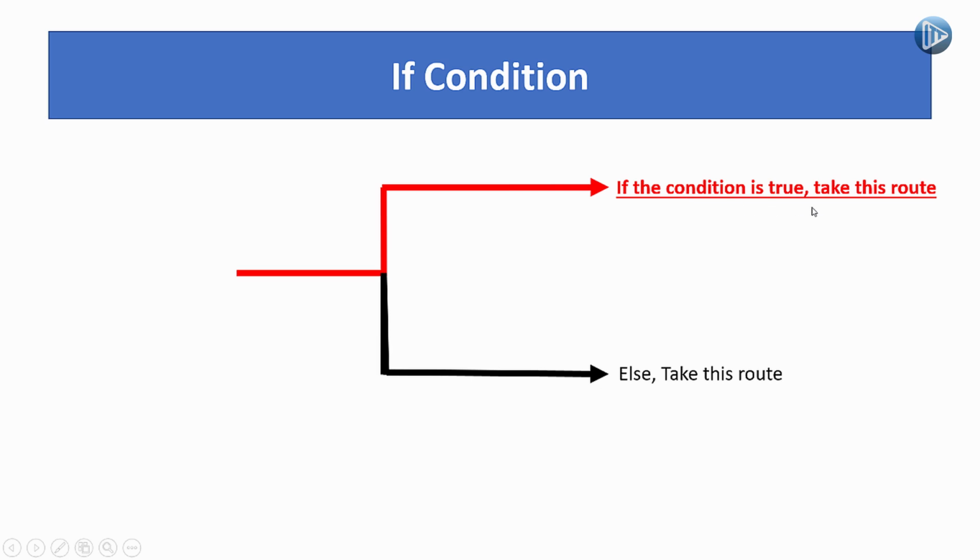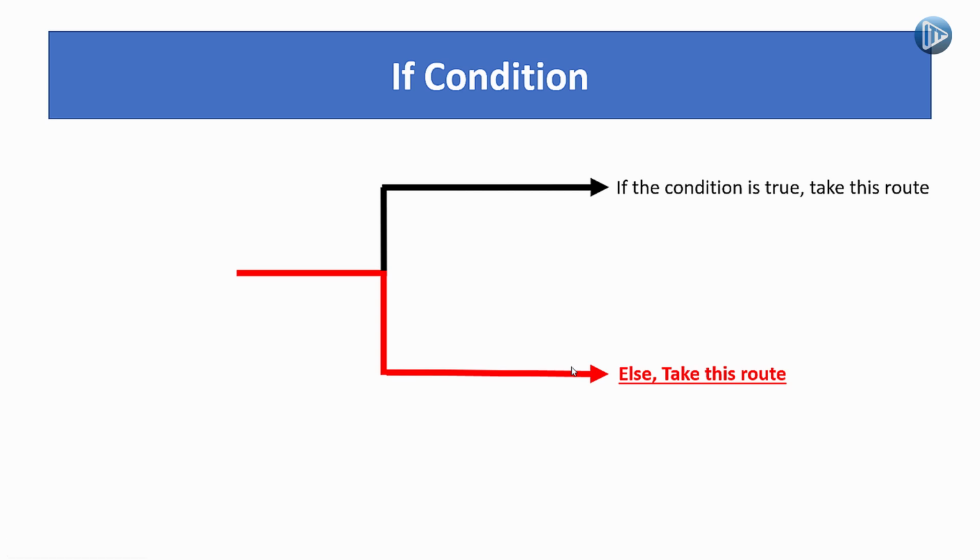If the condition is true, he is going to trigger the code in this route. Otherwise, if the condition is false, this route is going to be cancelled and the other block of code is going to be triggered and run the code inside it.